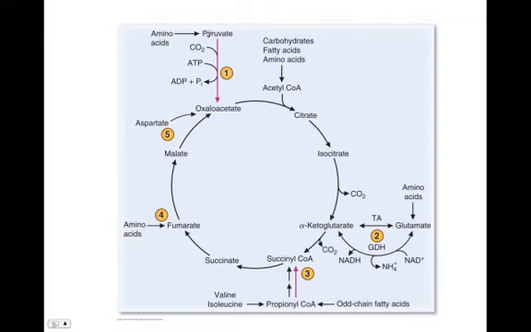This first reaction is the primary and probably most important anaplerotic reaction that we'll see. This is the reaction of pyruvate carboxylase converting pyruvate back to oxaloacetate. This enzyme, pyruvate carboxylase, requires biotin as a cofactor.